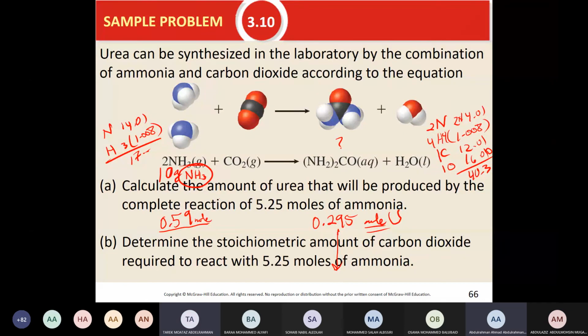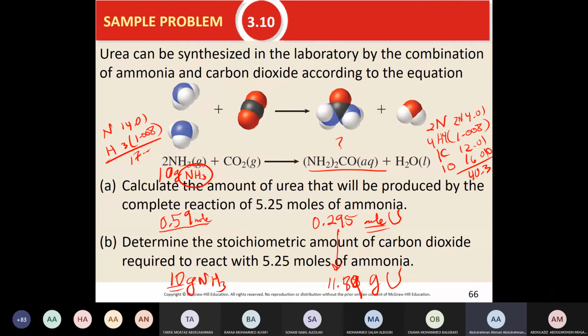Give me the answer. 17.7 gram urea. See, 10 grams of NH3 produce more urea than that, not half of it.